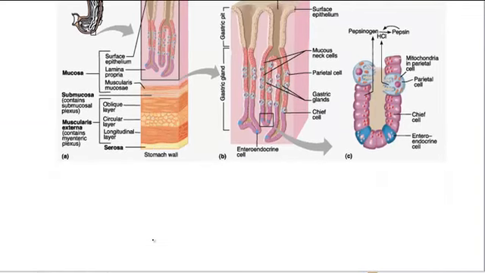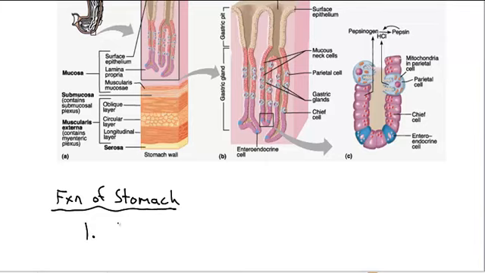So we go down here and we start talking about the function of the stomach, and then we'll refer back up to the picture as appropriate. Okay. So the first function of the stomach is mechanical digestion.